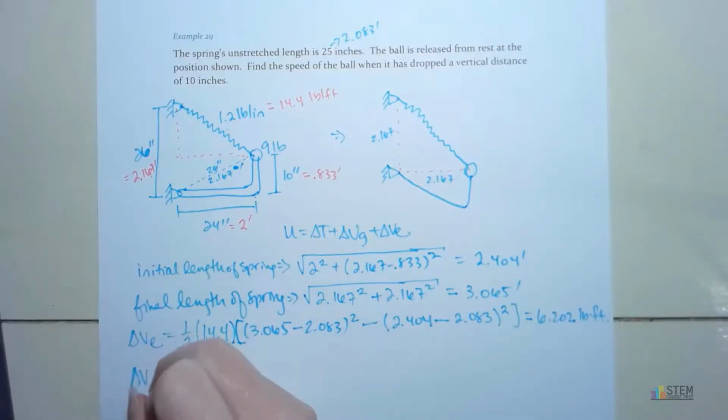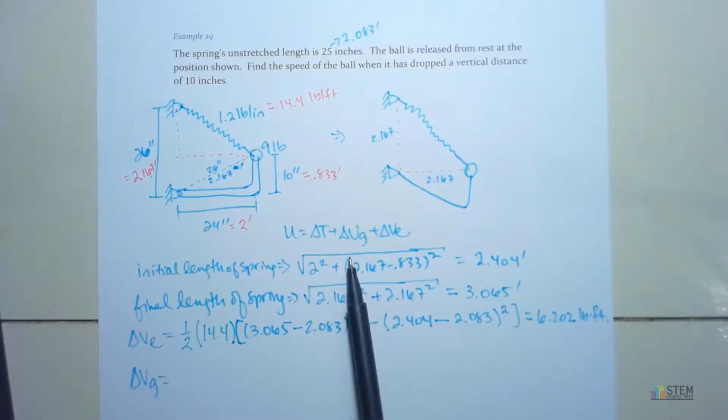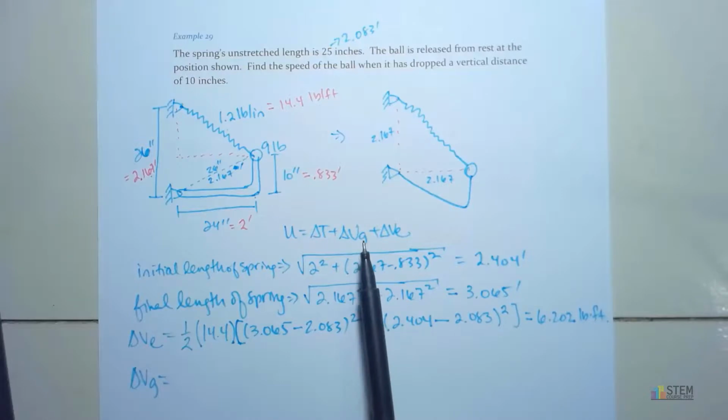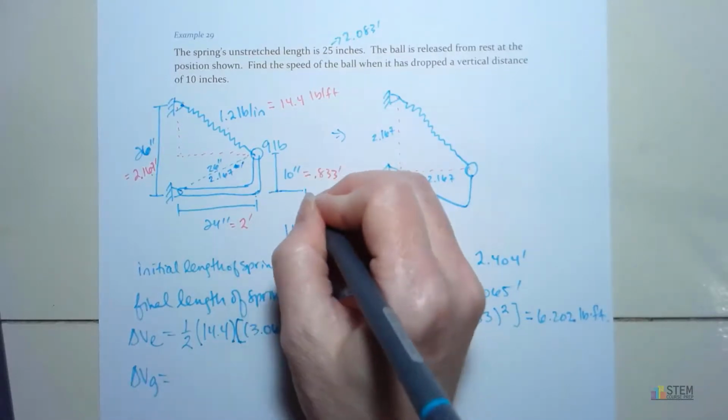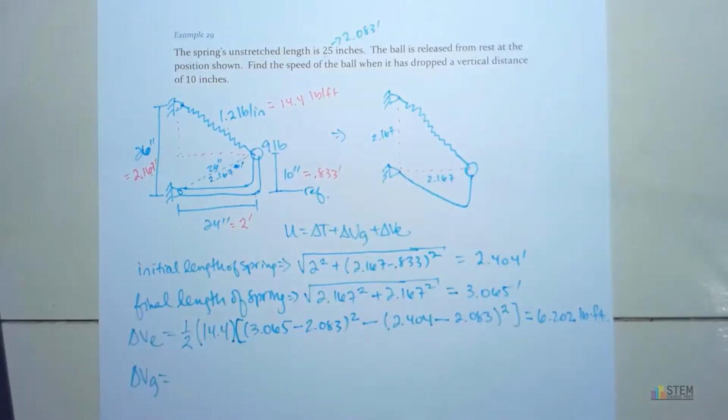All right, so now we've got that. Now let's go to the VG term. For this one, you got to find your reference line and always measure from that line. So you can pick wherever you want, but you got to measure both the initial and final locations from that same line. So I'm going to pick this right here as my reference line.